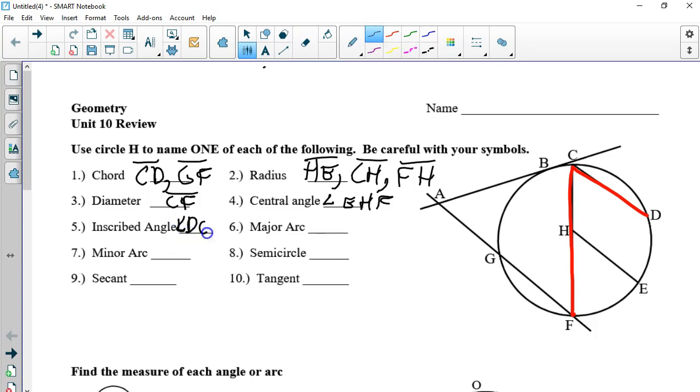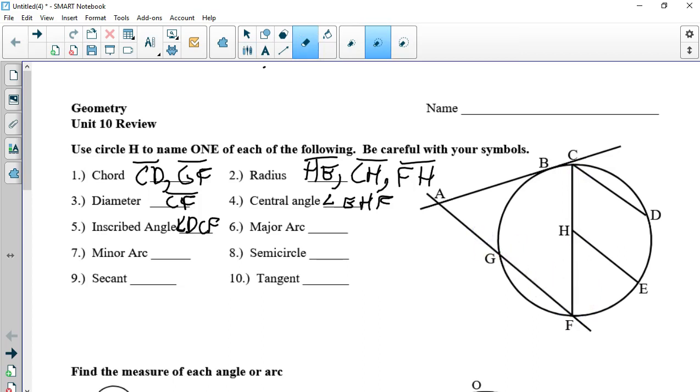Angle DCF. Also, though, you could also say GFC. Okay, that's another option. Don't have a lot of room there, so I'm not going to write it, but that would be an option for that one also.